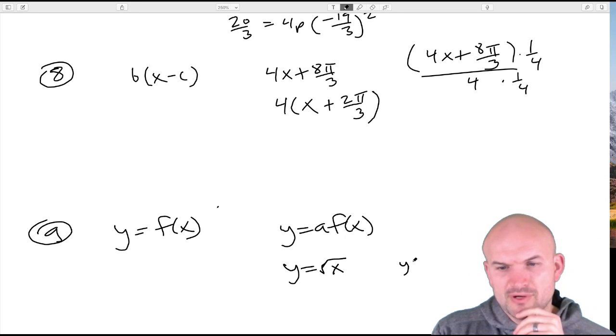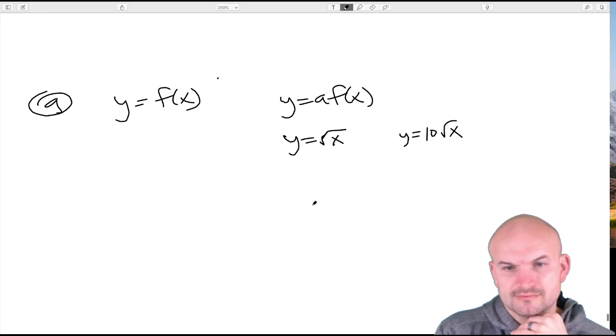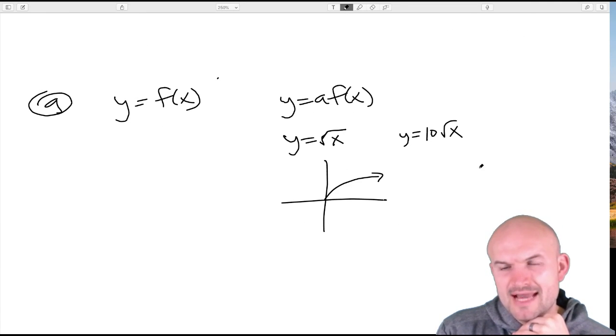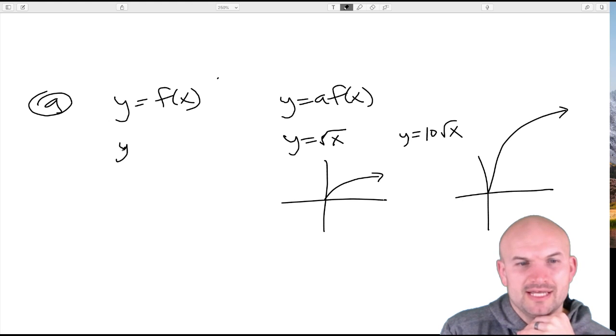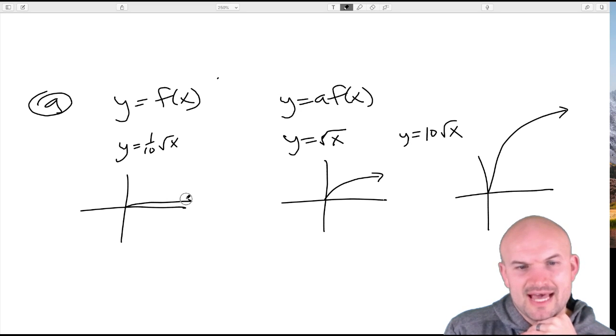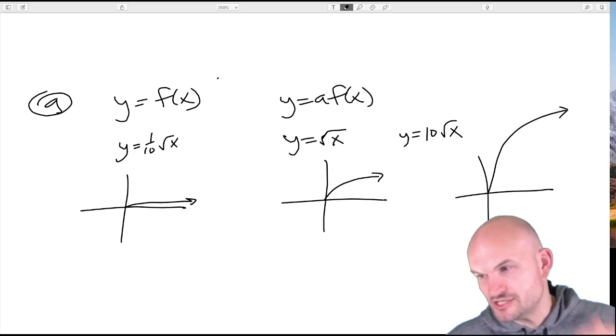But if you go ahead and put, like, 10 square root of x, well, now what's going to happen? Here's this graph. If you put a 10 in front, that's going to vertically stretch the graph. And if you put y equals 1/10 square root of x, then that's going to be a vertical compression of the graph. It's going to look something like that. So all that number in front is doing is vertically stretching or compressing the graph.